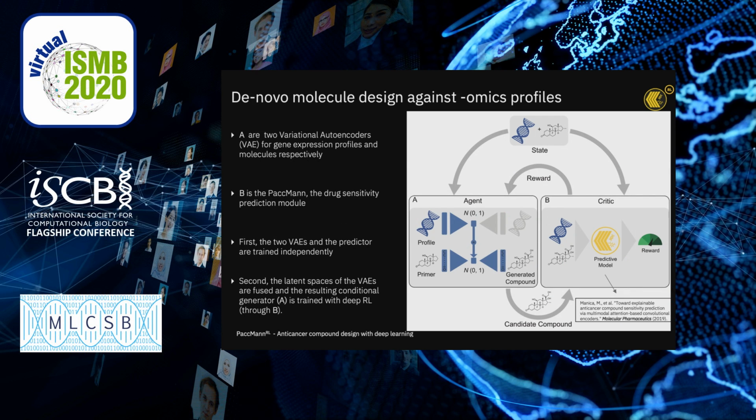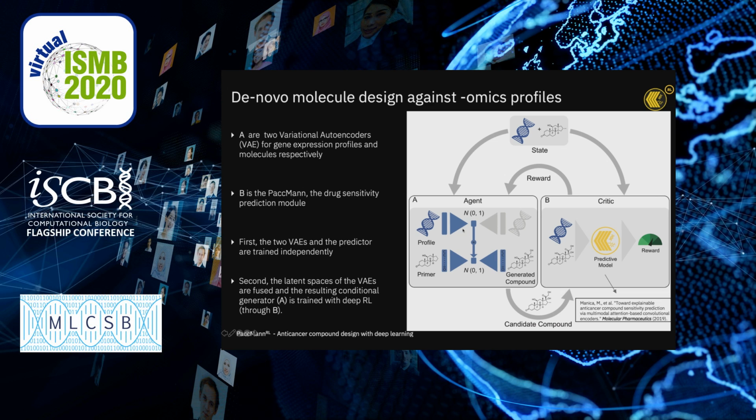So here we have an overview about our framework, which consists of an agent. This is a conditional generative model consisting of two variational autoencoders. The first one is trained on omics profiles from TCGA, and the second one is trained on molecules, bioactive compounds from ChEMBL, about 2 million in total.